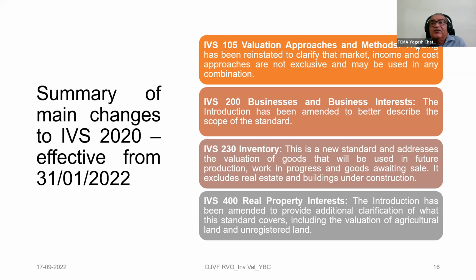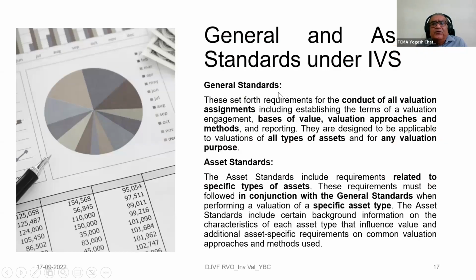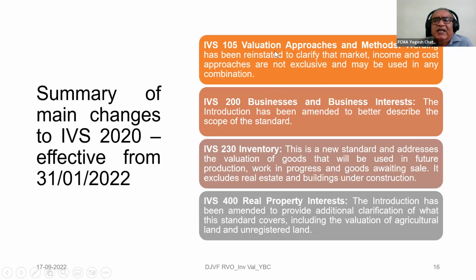This was not there before; now this clarification is provided under IVS 400. Before we move forward, I will take you through this amendment in the IVS itself so that we can have more clarity. Just give me a minute, I will share this.